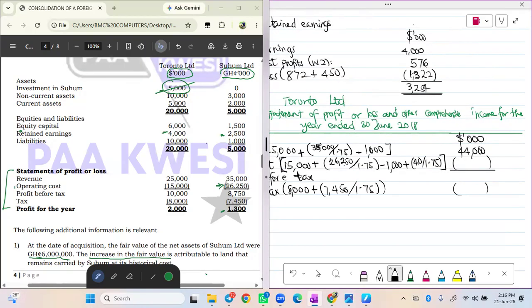Everything we are doing, we are dropping three zeros already. So it's here, 40. 39,000.